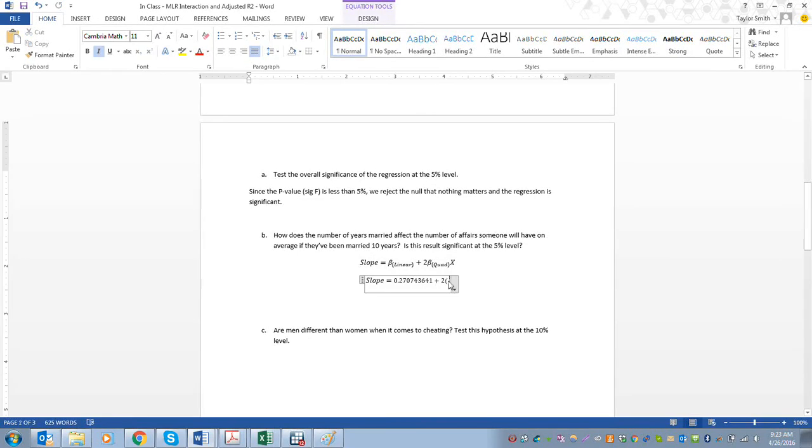I'm lazy, I'm copying and pasting. Times our x, which in this case is years married, which we know is 10. So we calculate that out.